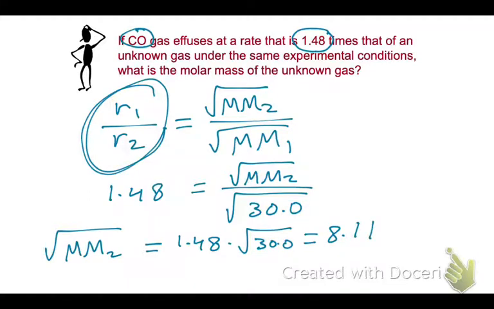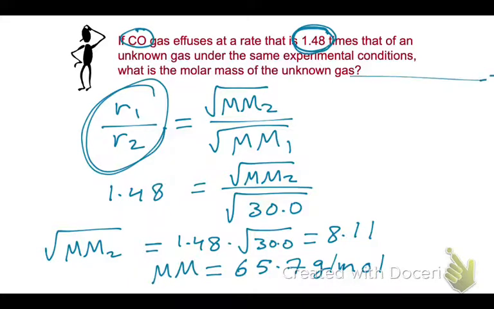Now that means the molar mass of the unknown equals 65.7 grams per mole. Now, it's important that you recognize that in this case, they gave you the ratio.